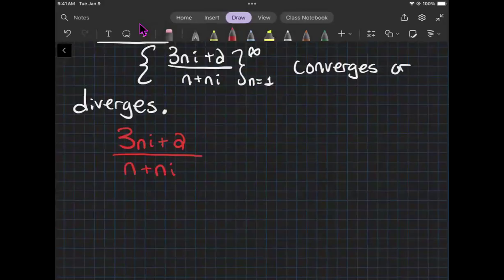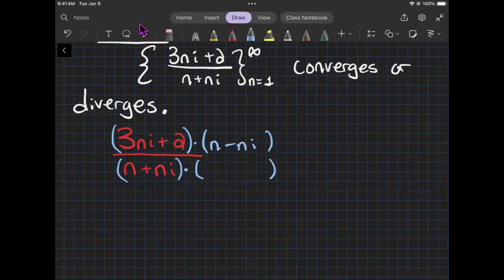So we want to write this quantity in a plus bi form, the real and imaginary components. So we're going to multiply the numerator and denominator by the complex conjugate of the denominator, so n minus n times i.